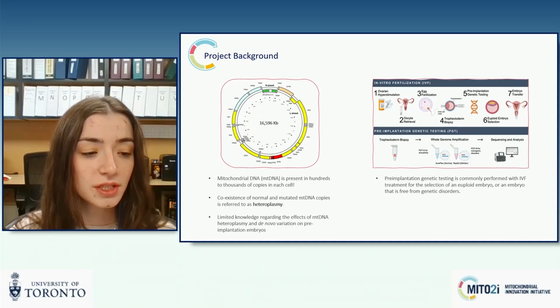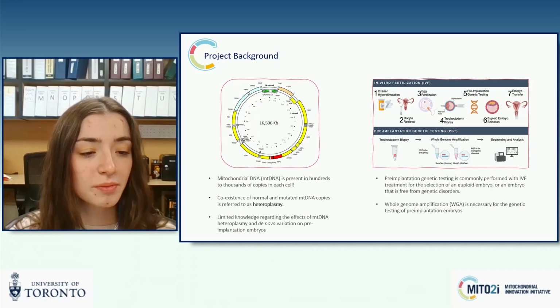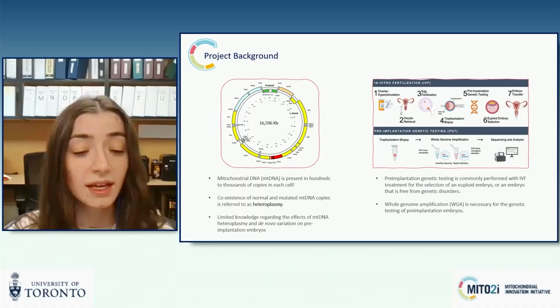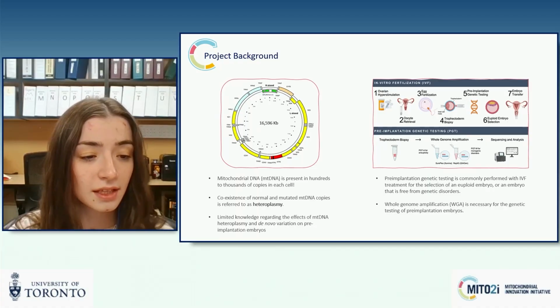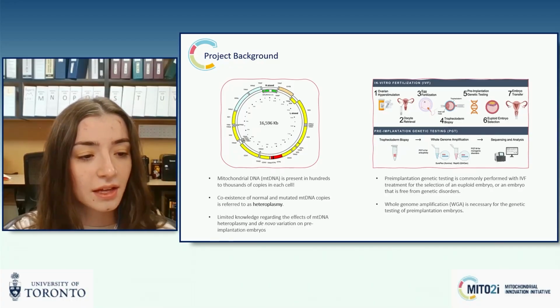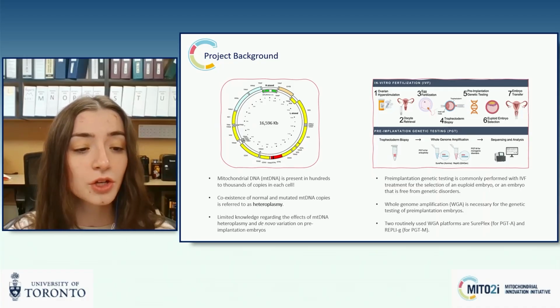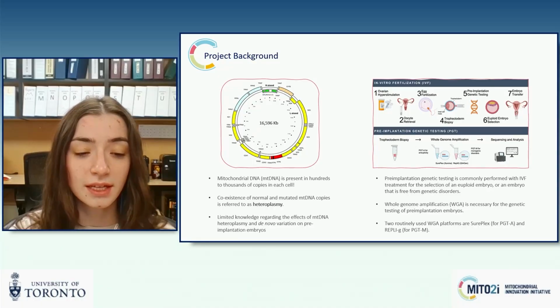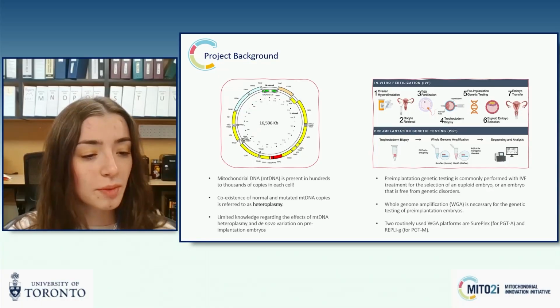During the PGT process, whole genome amplification, or WGA, is necessary in order to obtain enough embryonic DNA collected from a trophectoderm biopsy to be able to perform downstream sequencing. Two routinely used amplification platforms are SurePlex, which is used for the pre-implantation genetic testing for aneuploidy, and Repligy, which is used for the pre-implantation genetic testing for monogenic disorders.